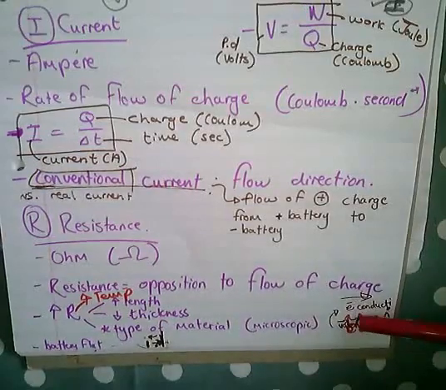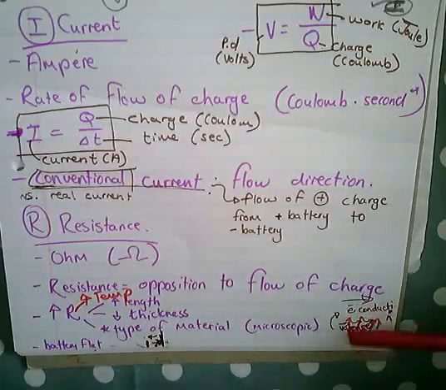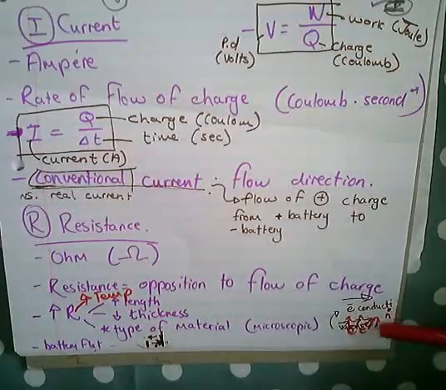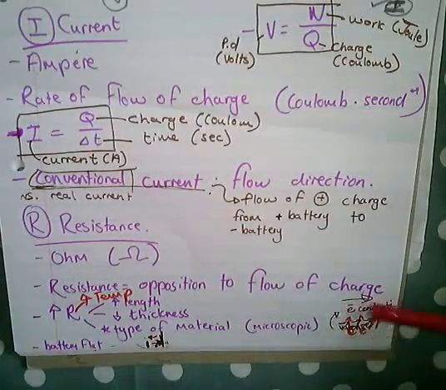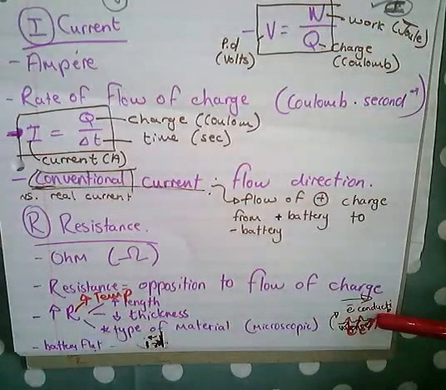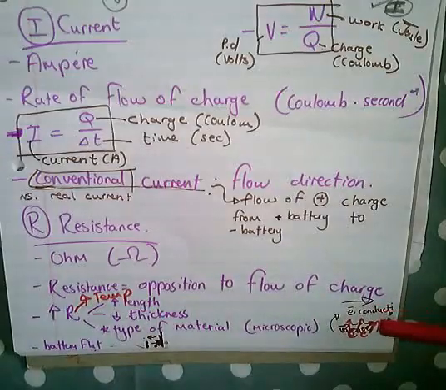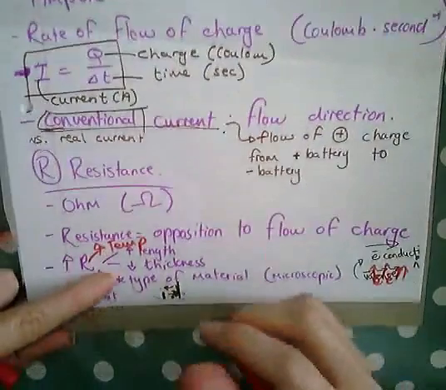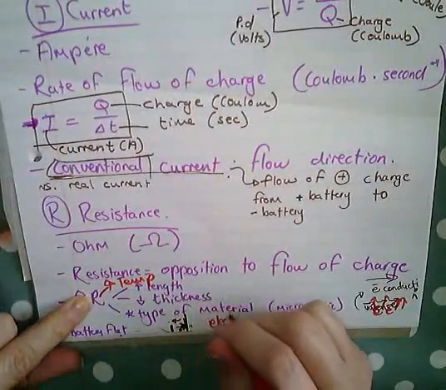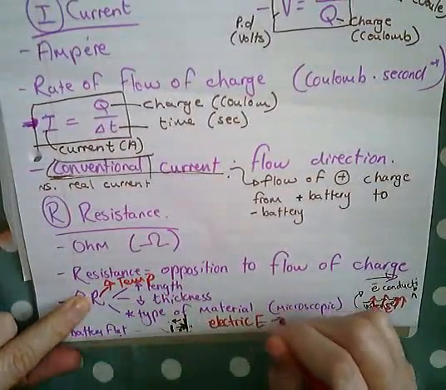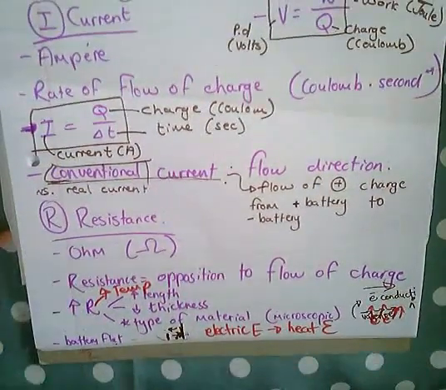It's just that as the temperature increases, it makes the electrons move more, because temperature is a measure of the kinetic energy of the electrons. So those electrons cause heat transfer. So there's a change in energy from electric energy into heat energy. And that electric energy that's converted into heat energy makes the battery eventually run flat.